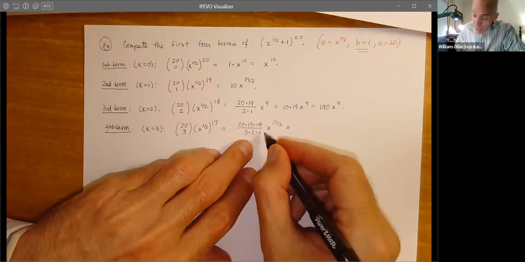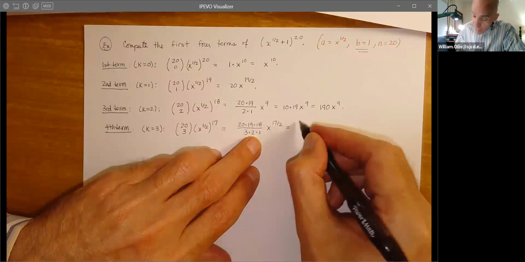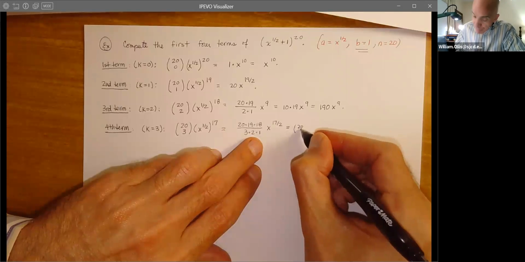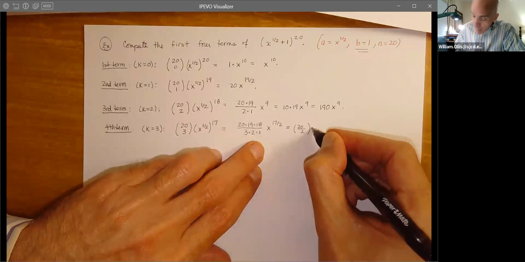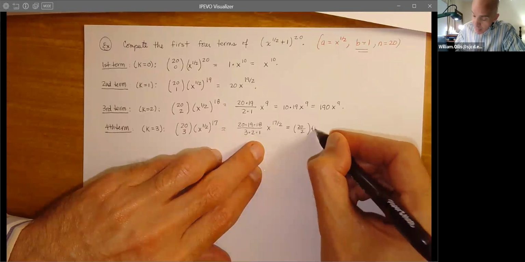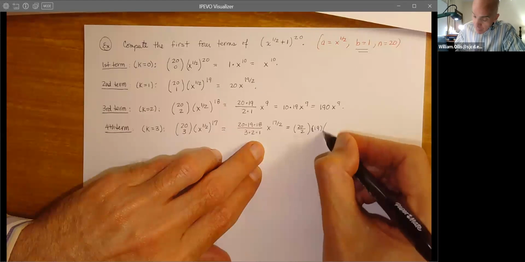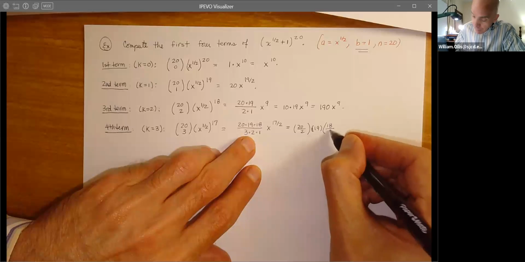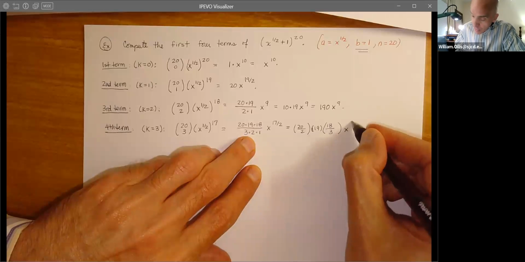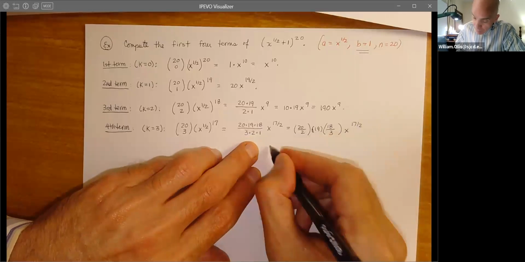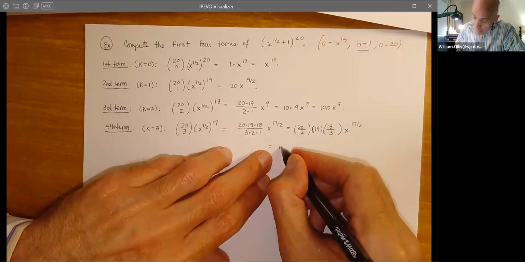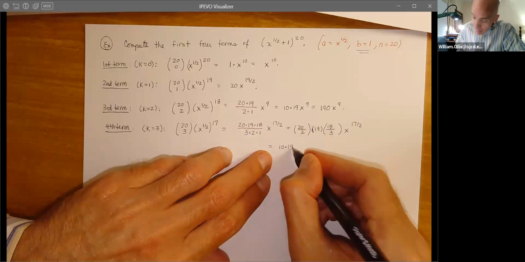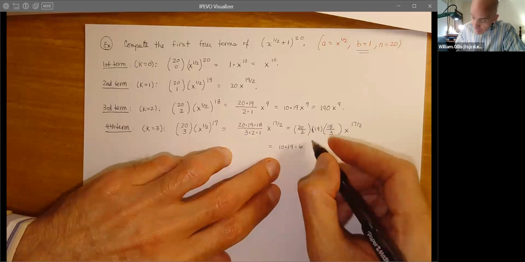So now what we can do is pair these up because we're lazy. So we'll get 20 over 2, and then we'll have a 19, and then 18 over 3. X to the 17 over 2. So again, we've got a 10 times a 19 times a 6.